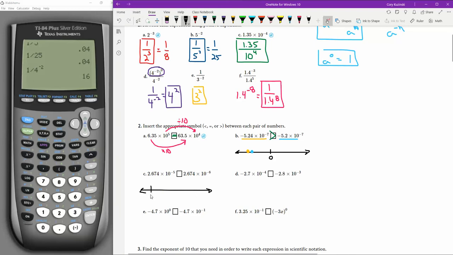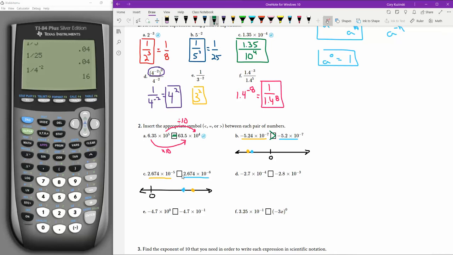So this is actually over here, smaller than 1 because of that negative exponent goofing me up. This number has more decimal places because it has that higher negative exponent.